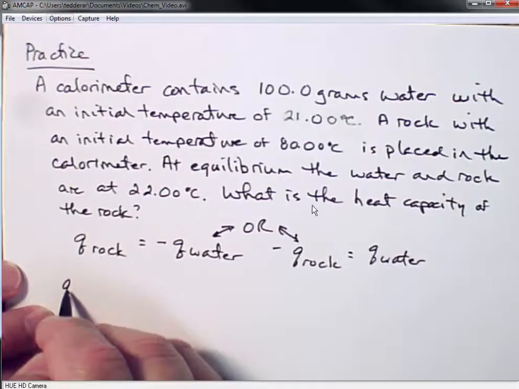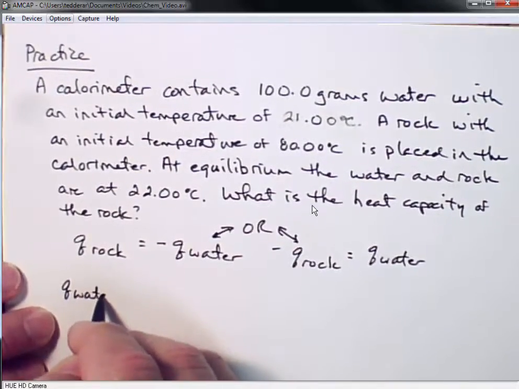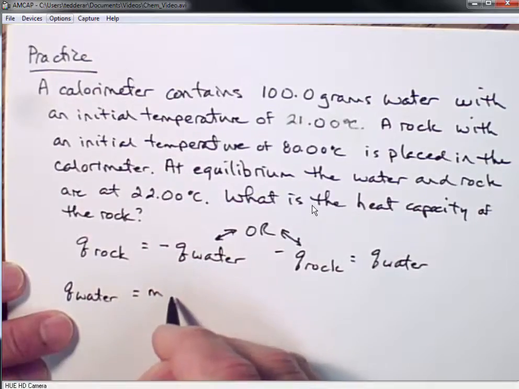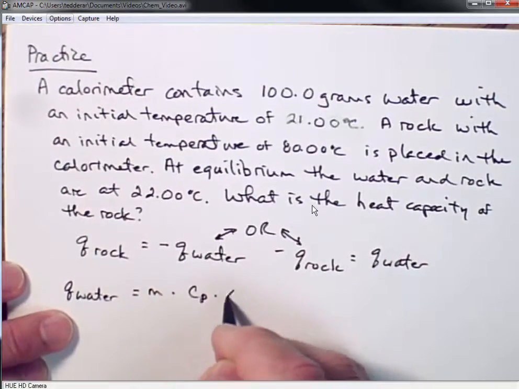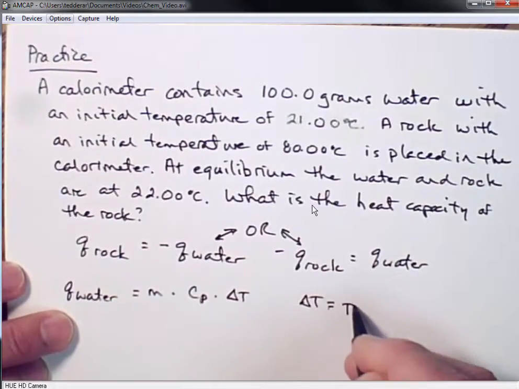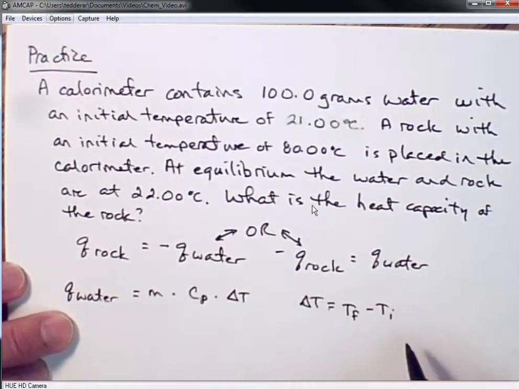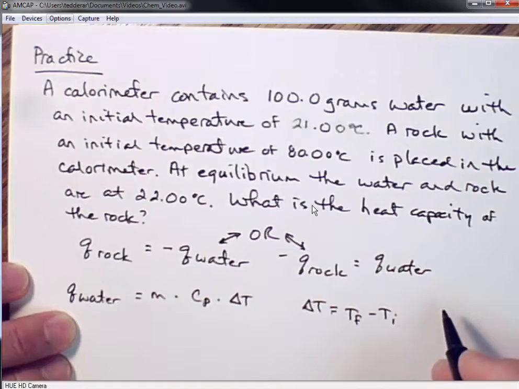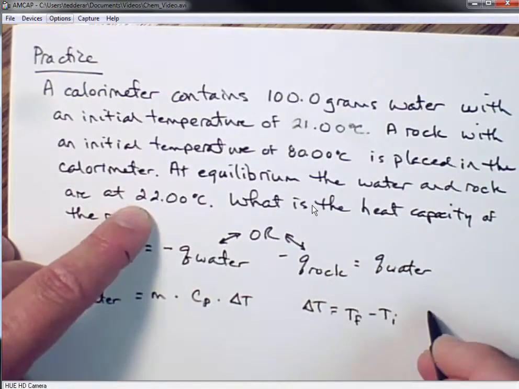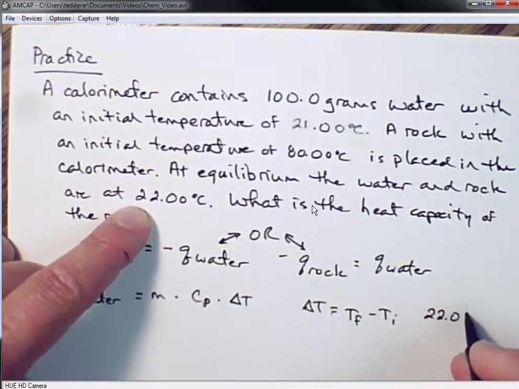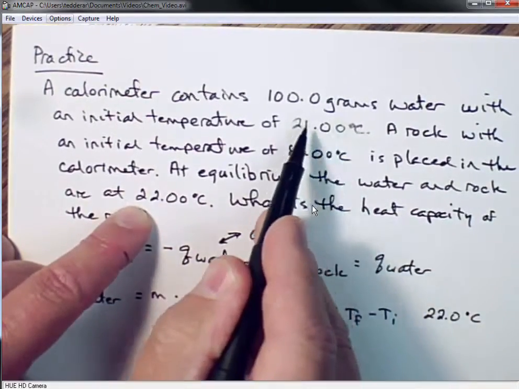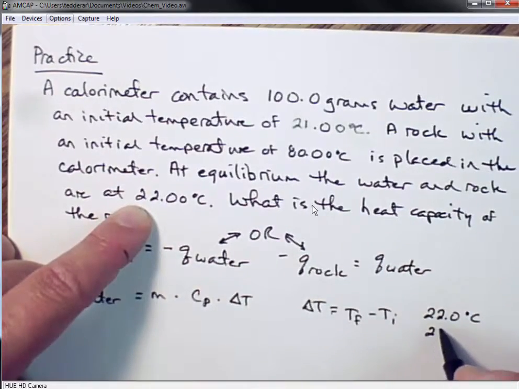Okay, so Q, the heat energy change for the water, is equal to the mass times the specific heat times the change in temperature. Change in temperature is equal to temperature final minus temperature initial. Our final temperature for the water at equilibrium is 22 degrees C. Our initial temperature for the water is 21 degrees C.